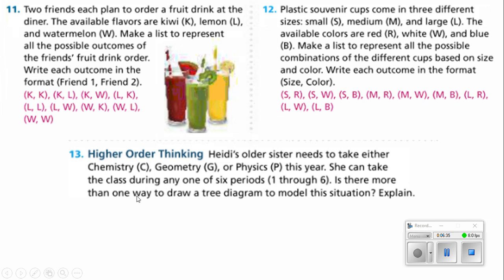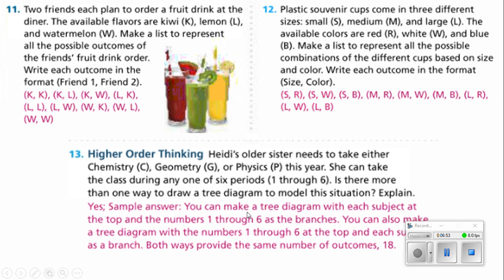Number 13 says Heidi's older sister needs to take either chemistry, geometry, or physics this year. She can take the class during any one of the 6 periods, 1 through 6. Is there more than one way to draw a tree to model this situation? I think so.